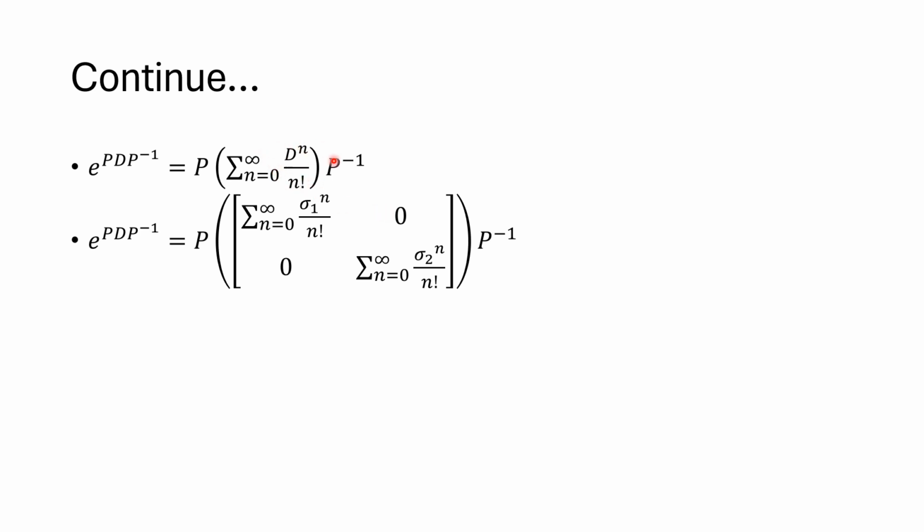However, once we apply these operations to the eigenvalues, we get this summation. Simplifying this, we notice that this summation right here is just equal to e to the power of the eigenvalue. Same thing here: the summation is equal to e to the power of the second eigenvalue. Now we're basically done here.